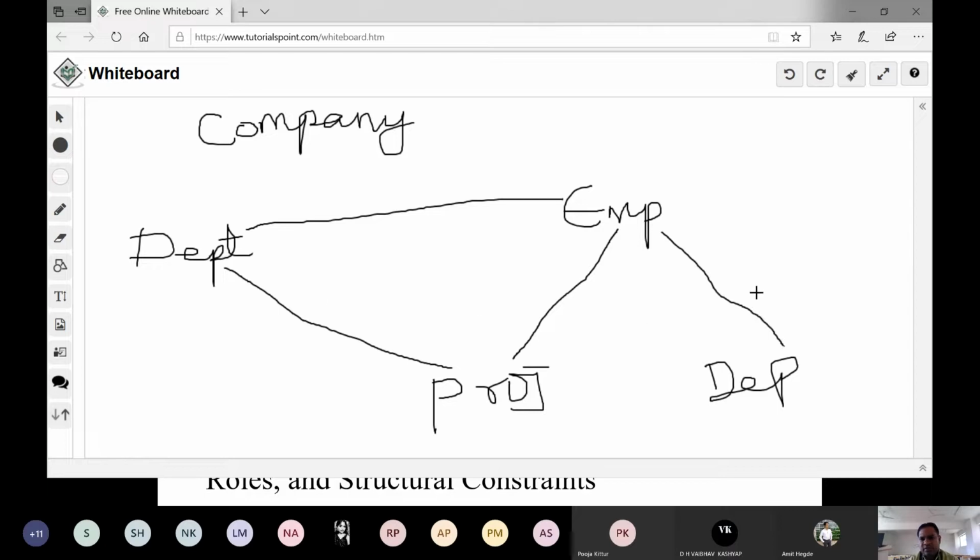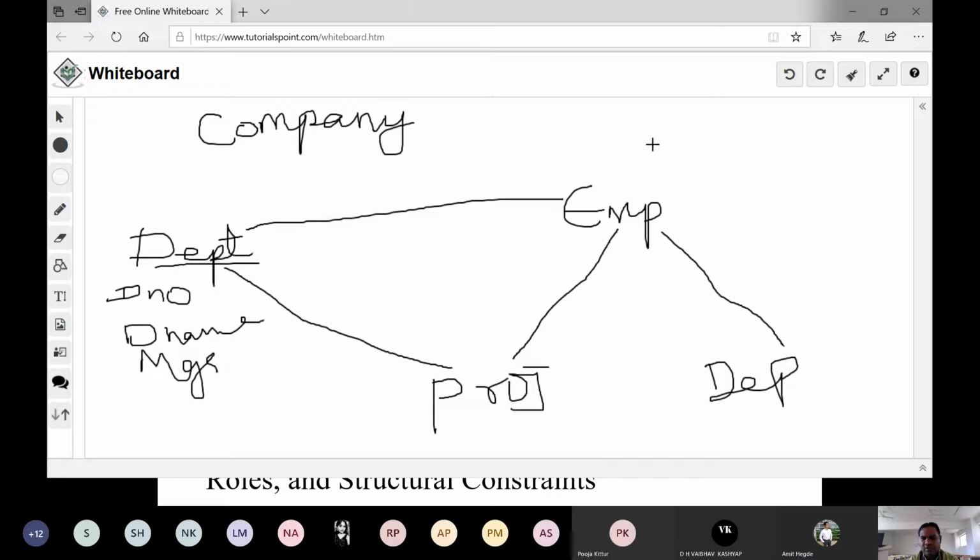Now, this is just a simple assumption of how exactly the data is related. Now, department has attributes, or certain information about department, like department number, department name, manager.